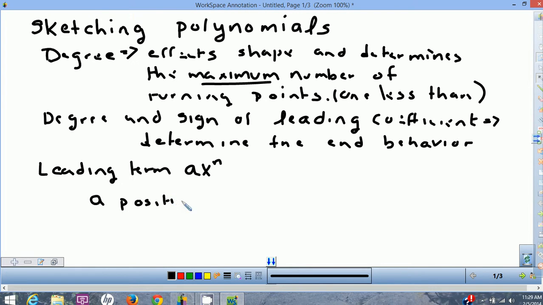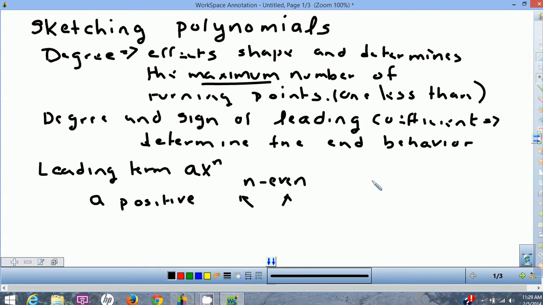I could have 4x squared. I could have 8x cubed. I could have 9x to the 10th. But that a value is positive. Then if my exponent is even, if it's 2, if it's 4, if it's 6, then my function is going to go up on both ends. Somehow or another, no matter how many little twisties and curves are in between, it's going to go up on the ends.